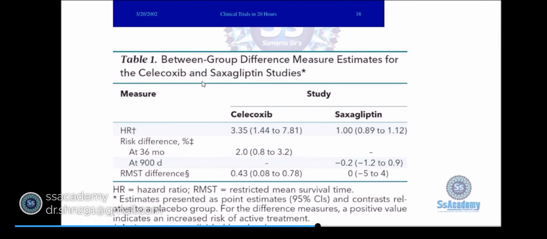Here, the between-group differences measure the estimates of the celecoxib and saxagliptin studies. You see the hazard ratio here, 3.35, with a range within the brackets.